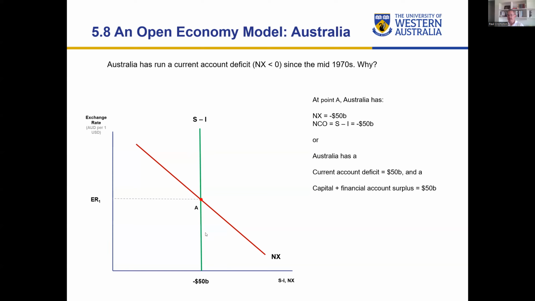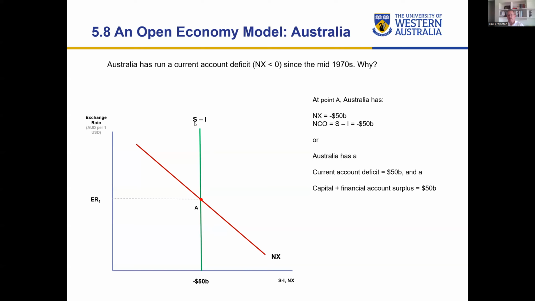As soon as that line is there, it doesn't matter where the NX curve is. It could be there, it could be to the right, it could be to the left. We're still going to have a value of net exports equal to minus 50 billion. It's not quite as simple as this, but it's a good point to make at this stage.